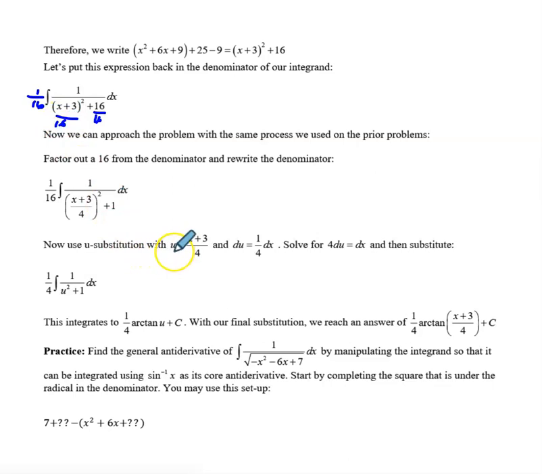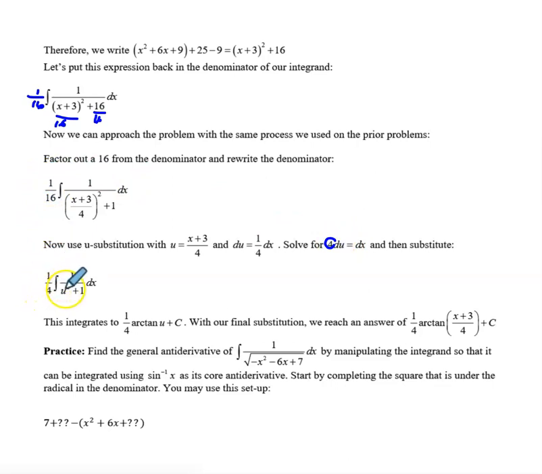Now you're going to use u substitution with your u value of x plus 3 over 4. That's right here. When I differentiate, du equals 1/4 dx. So I now have to multiply by 4 to get 4 du equals dx, and then I substitute. The 4 goes out in front of this 1/16 to give me 1/4.